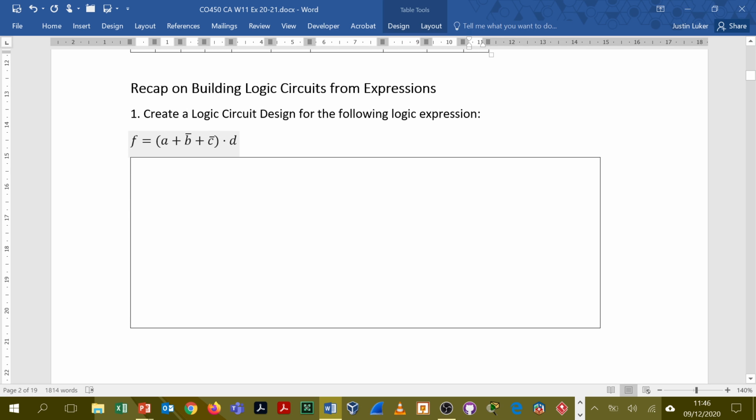F equals A or not B or not C and D. So we've got 4 inputs, A, B, C and D, and A, B and C are being ORed together and then ANDed with D, with not B and not C. Okay, so we need to build that in multimedia. Let's go over to multimedia logic and build that.